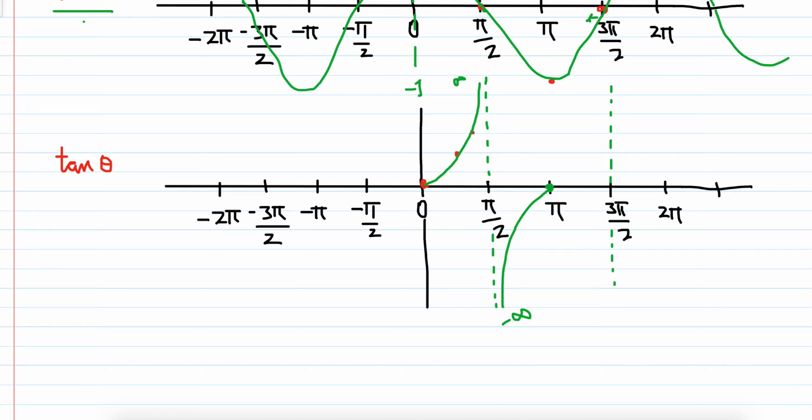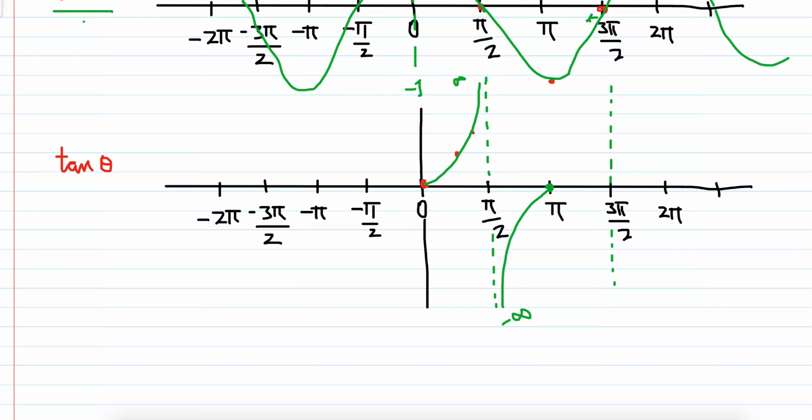So for 0, tan theta is 0. For pi by 4, we had seen that both sine and cos are the same. So at pi by 4, it's 1. For 60 degree, that is pi by 3, it was root 3. Root 3 is 1.732, so it will be here.